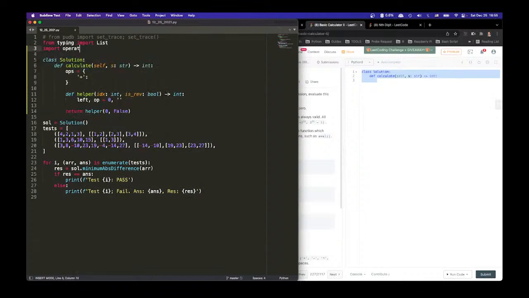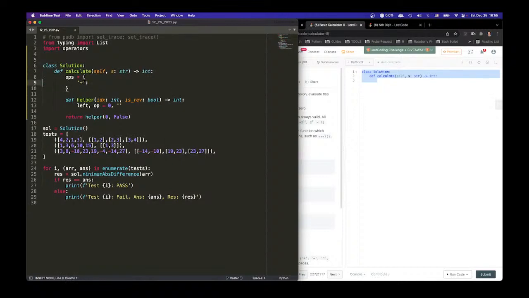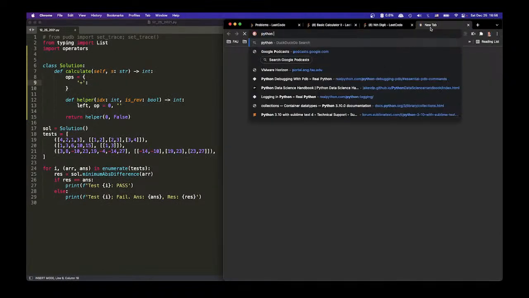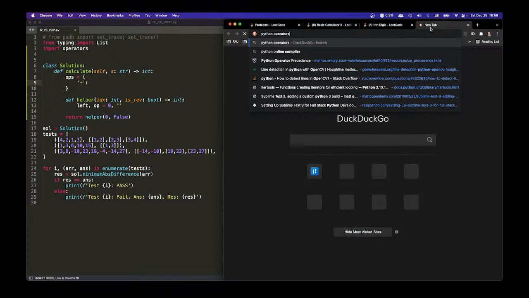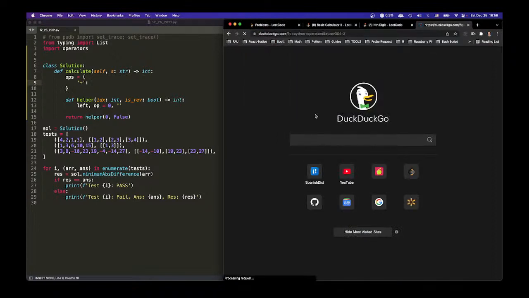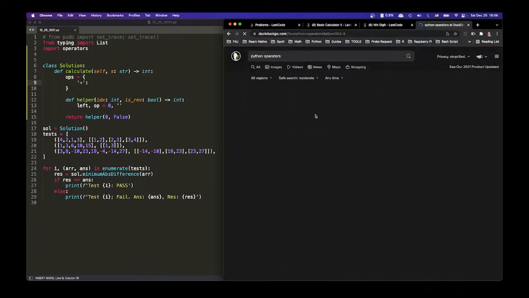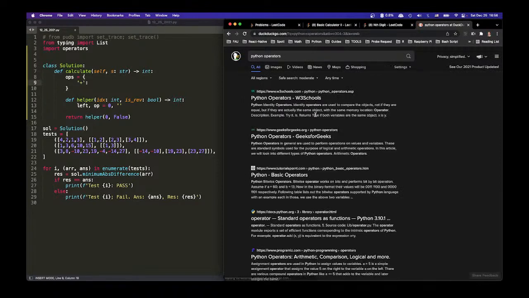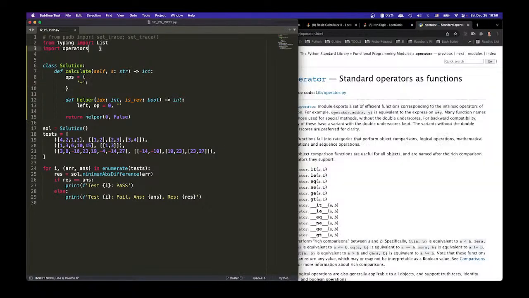I can do import operator. I mean, is it operators? Should be operator, not operators.